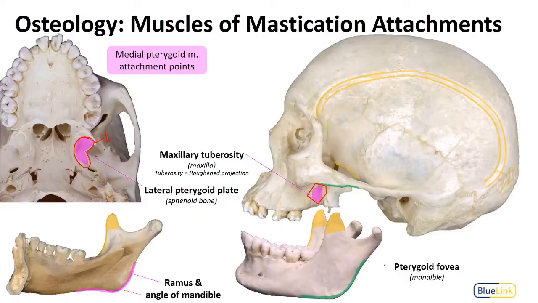There's a bit of a roughened projection on that area. And I'll note that this right here is the lateral pterygoid plate. So you can imagine on the other side of that outlined structure is where we would find the origin of the medial pterygoid muscle. Inferiorly, it mirrors the masseter on the angle in the ramus of the mandible.